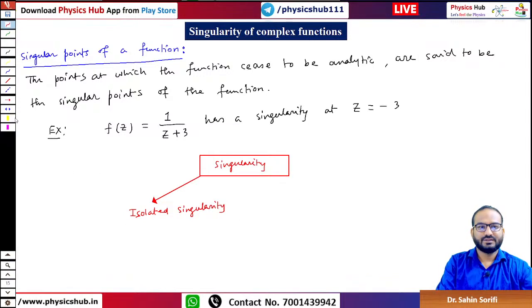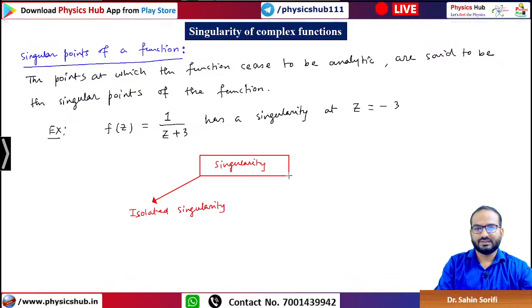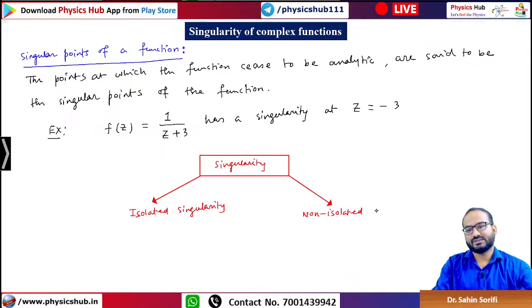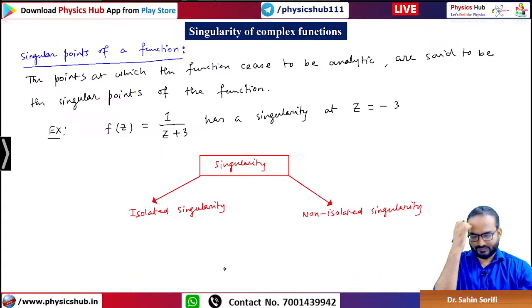Another type is non-isolated singularity, which means in the neighborhood of the singular point there will be other singular points.